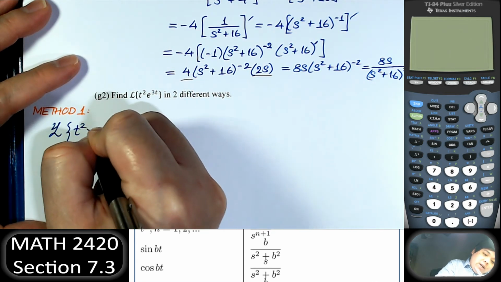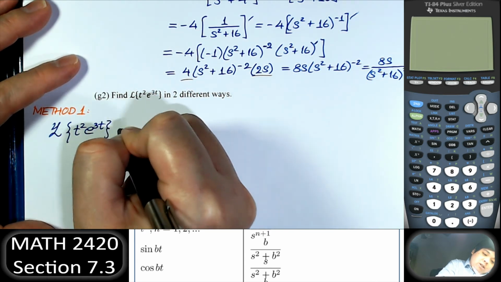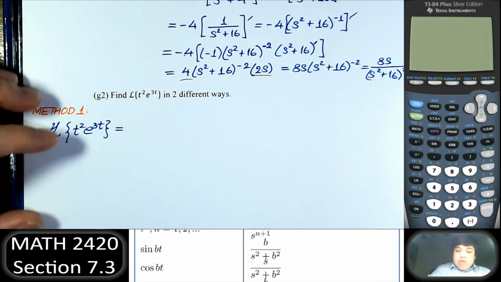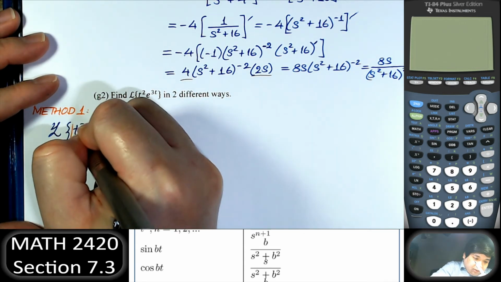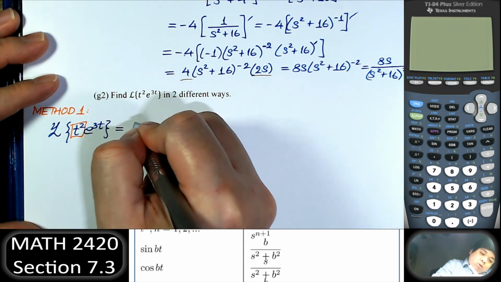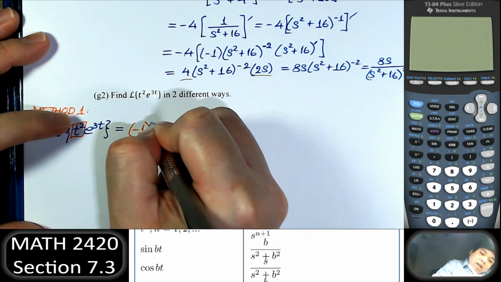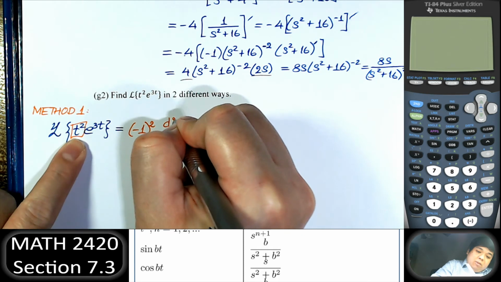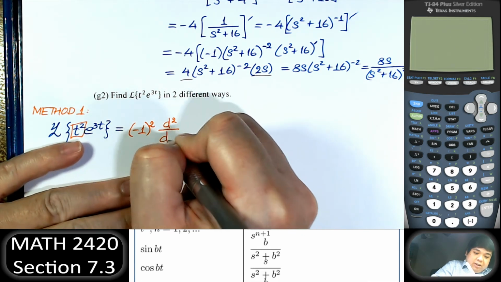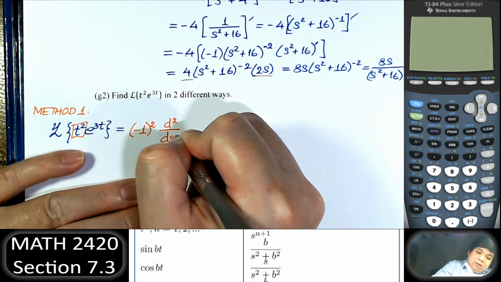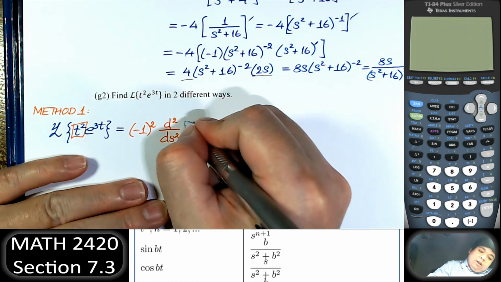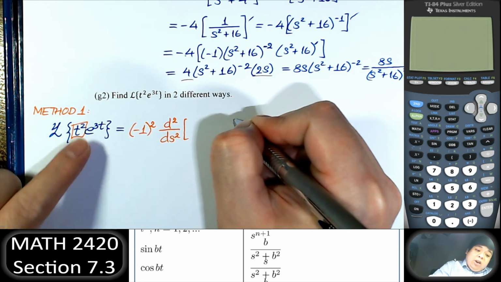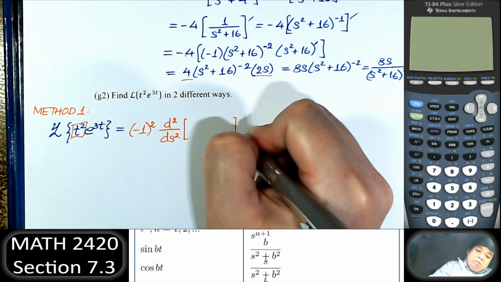Transform t squared e to the 3t. When we have the power of t, that will transform to negative 1 raised to the same power, and then we have the same order of derivative of not that function, but the transform of it.